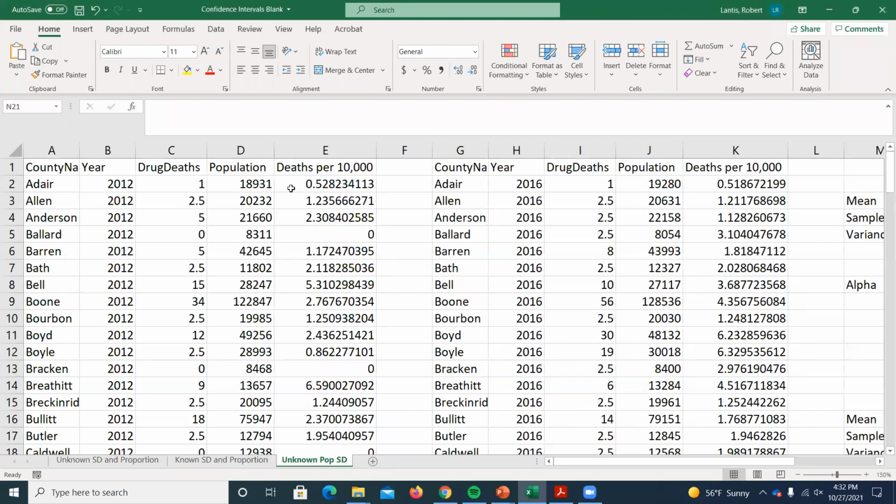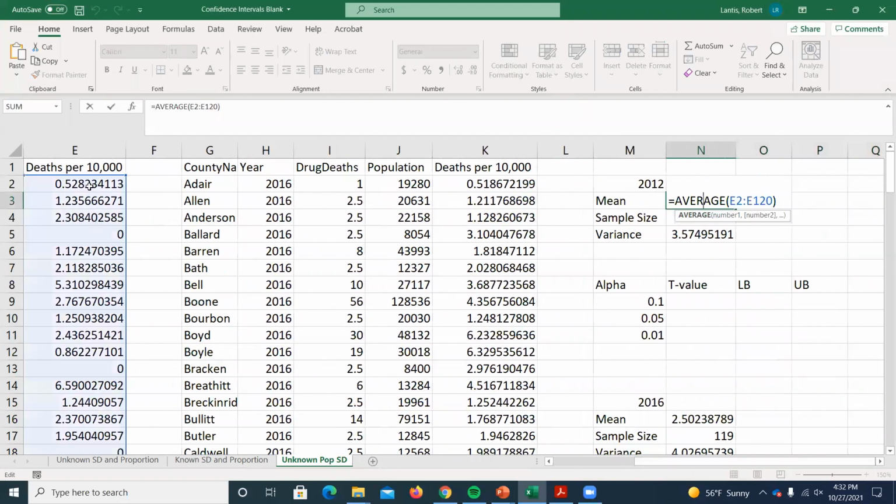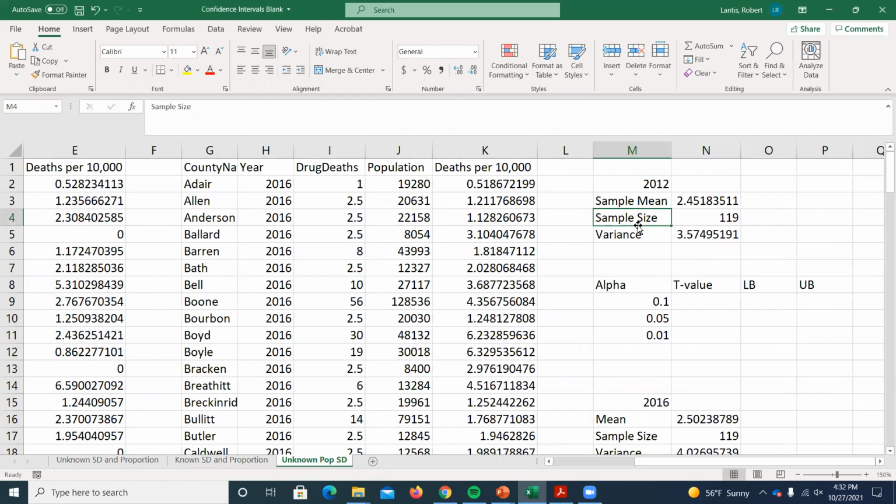Okay. Now I've got drug deaths per 10,000 people in each of those years. So what I'm going to do is simply take the average of that drug death rate. Hopefully we're pretty comfortable doing this in Excel at this point, to find our sample mean. And to be real clear when I post this, this represents my sample mean.